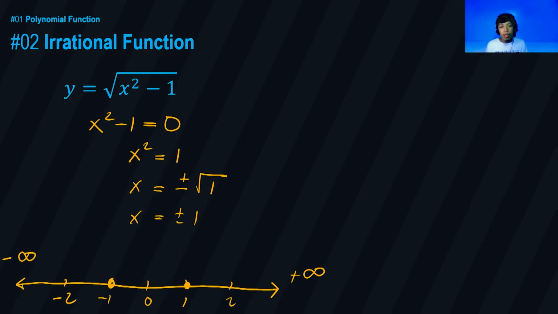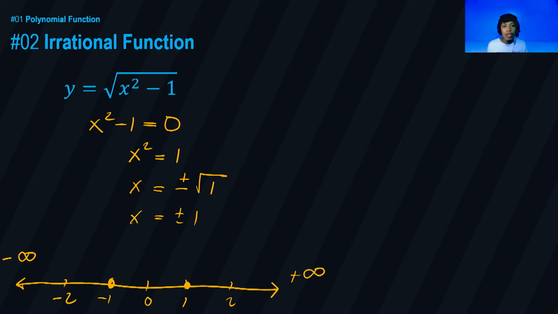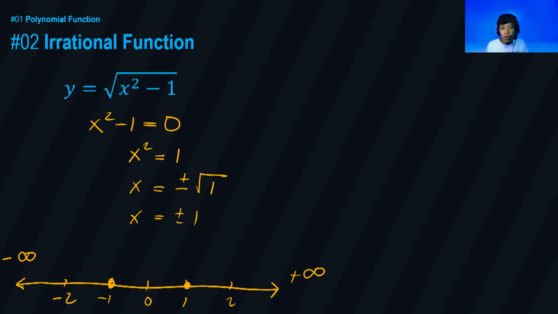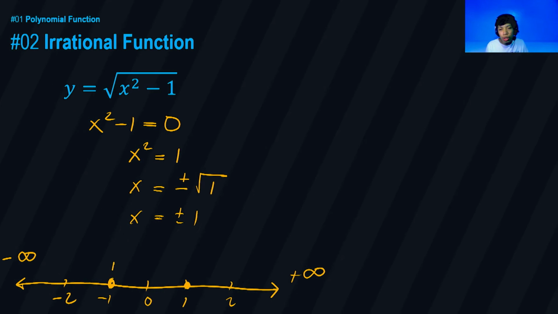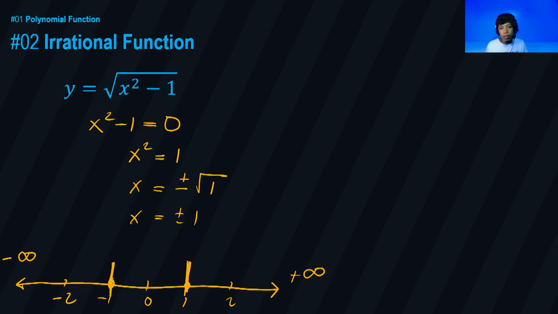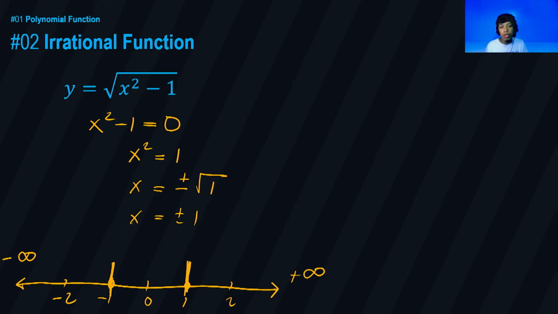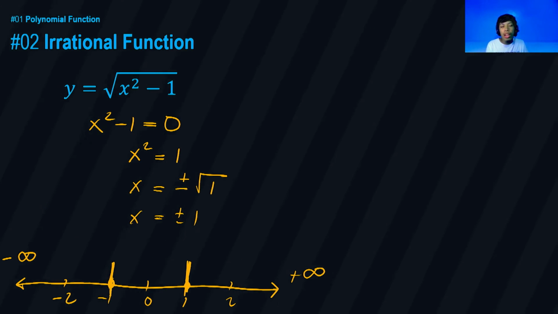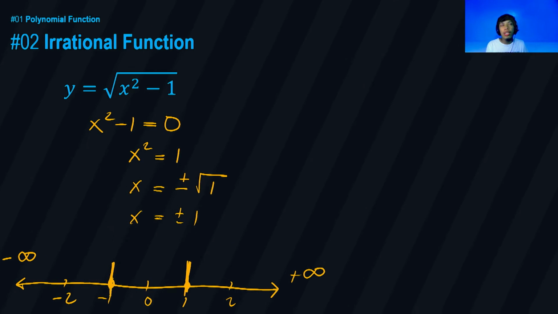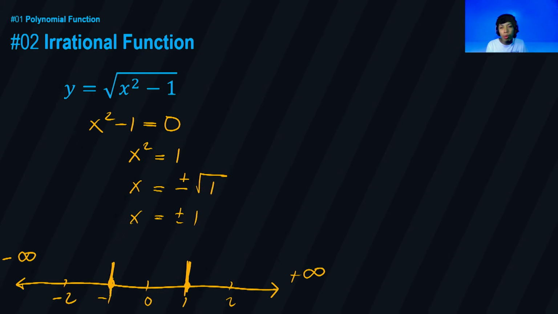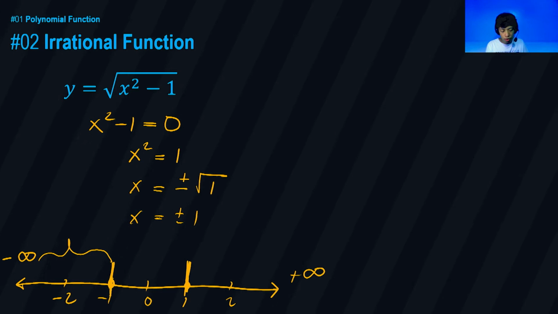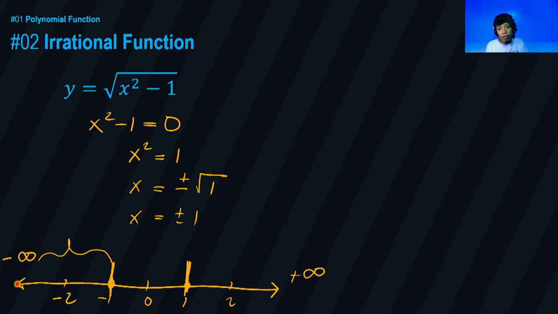So how do you find the domain of the function? You know that there are points here, negative 1 and 1. So which region there is what we call the domain?